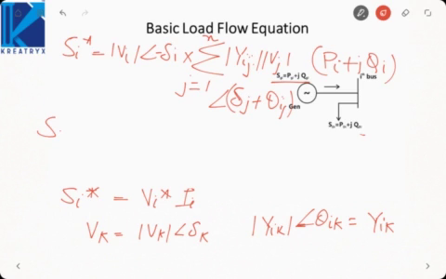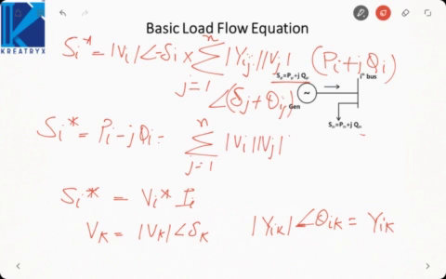Now, if you take Vi inside, it is the sum over j equal to 1 to n of mod Vi mod Vj mod Yij angle delta j minus delta i plus theta ij.